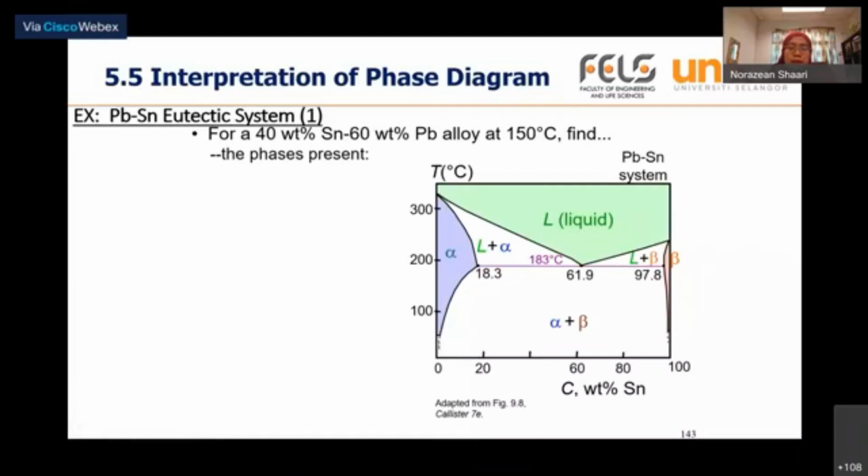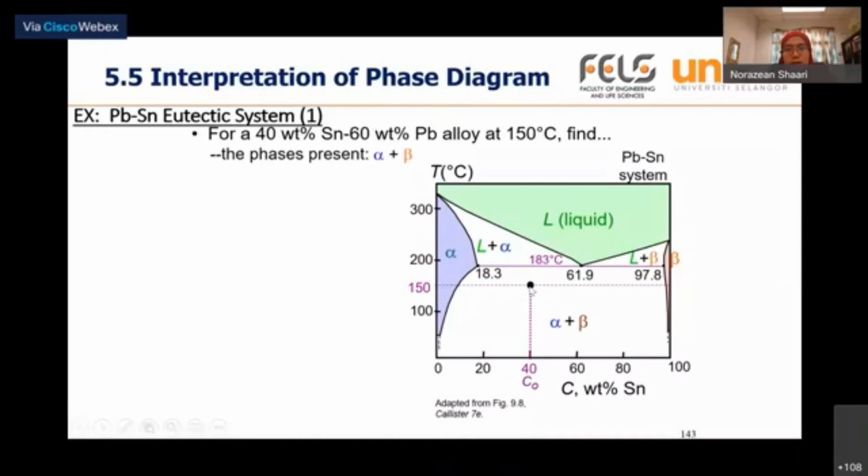Untuk eutectic, okay, contohnya, ini adalah plumbum stannum system, okay, plumbum stannum system. Sama juga kita boleh cari phases present, composition, phase amount dan juga microstructure, okay. Contoh kalau diberi initial composition adalah 40, suhu 150, so phases present adalah alpha plus beta, okay.